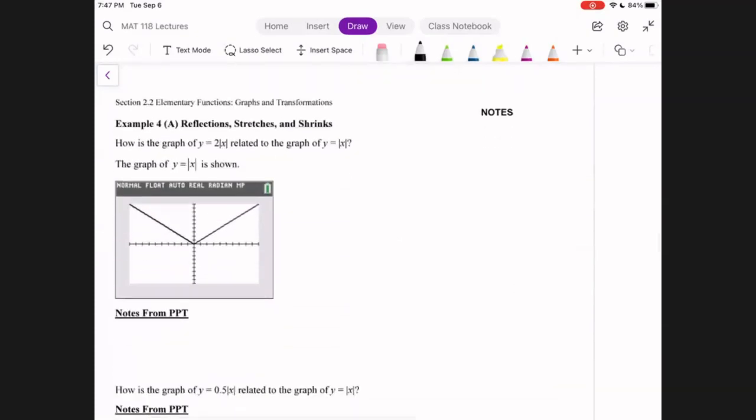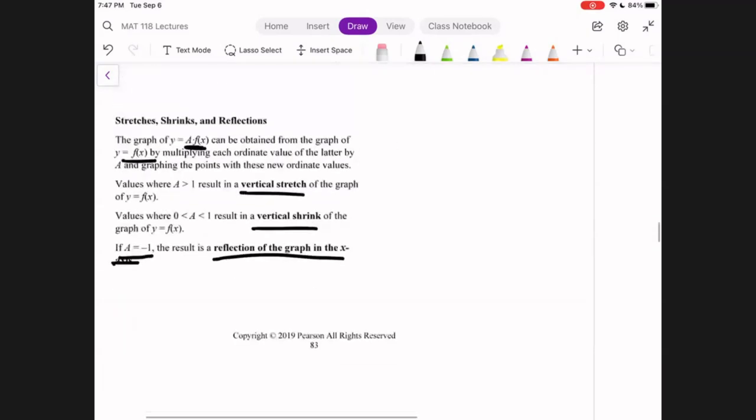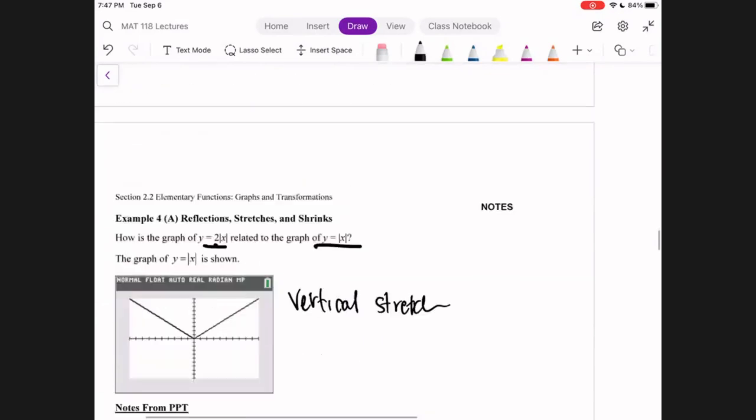So how does the graph of this relate to the graph of this? So you notice there's a 2 in front. So remember, if there's a 2 being multiplied, that means it's a vertical stretch by 2. Just think, if it's bigger, it's a vertical stretch.